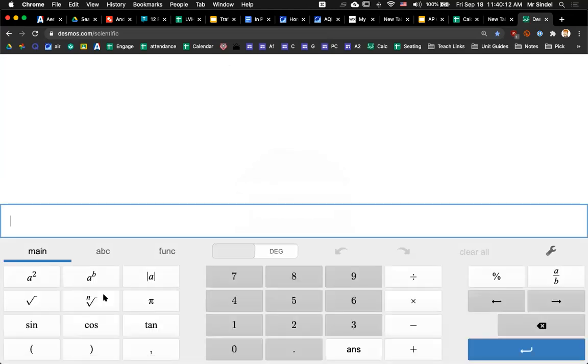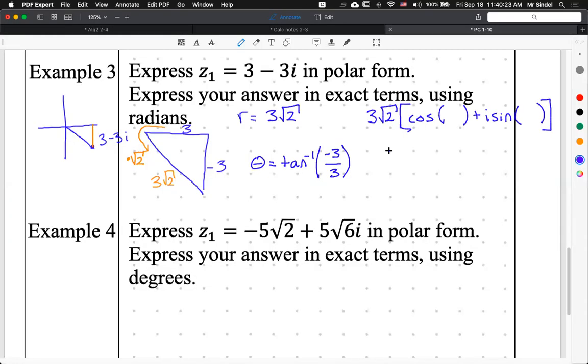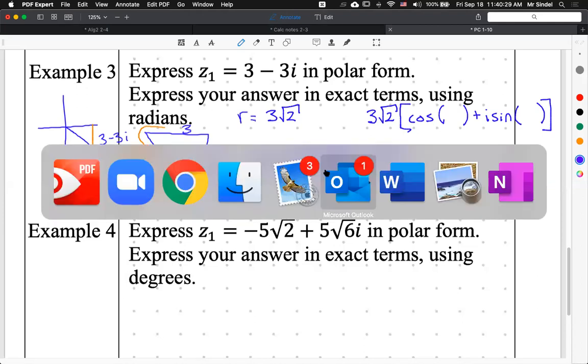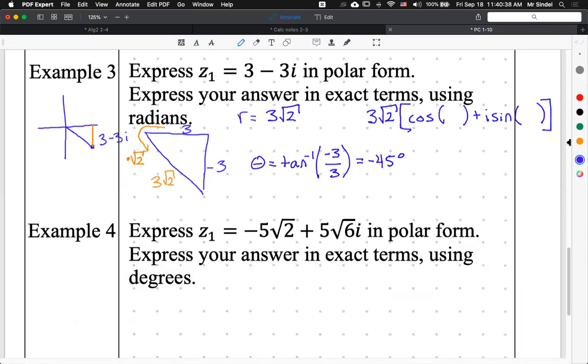There you go. Arctangent of negative 3 over 3 is negative 45 degrees. You probably could have figured that out. Back here, this is negative 45 degrees, which in radians, if I click that radians button, is this, which you can't use, unfortunately. So we have to convert this to radians. I'm almost done, I promise. So times pi over 180 degrees.